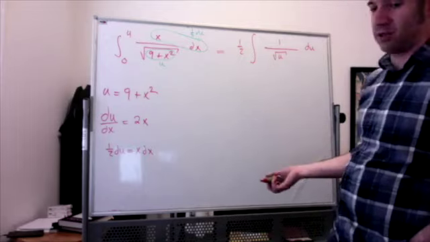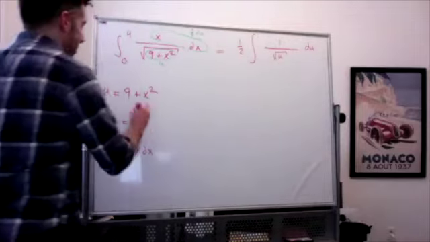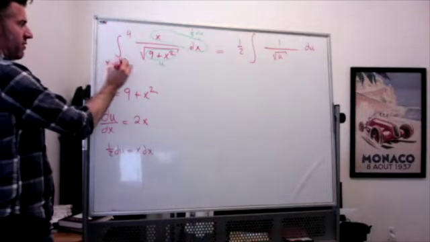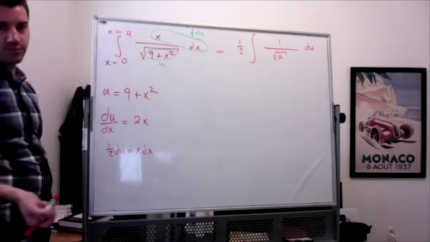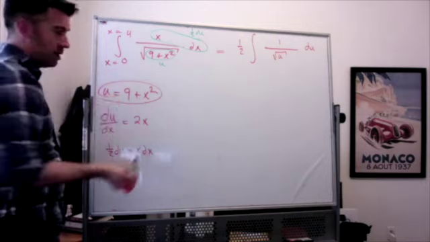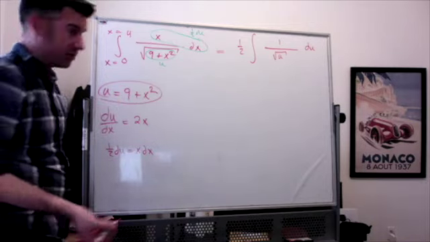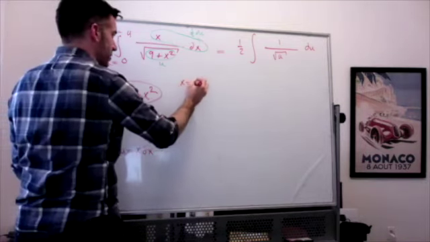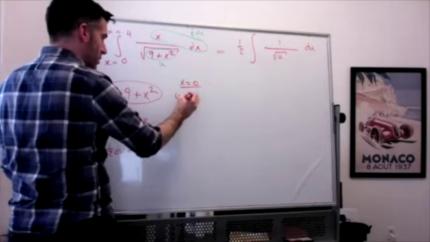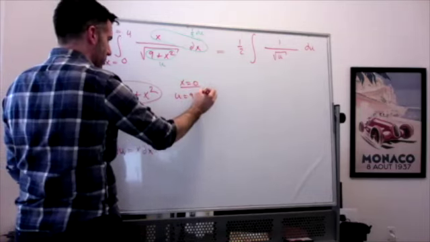So here's the way I like to do it. I like to think about it as these are my x limits of integration. This is an x value, this is an x value. So all I'm going to do is use my equation here to find the corresponding u values. If x equals 0, jam that in there, and you get u equal to 9 plus 0 squared.